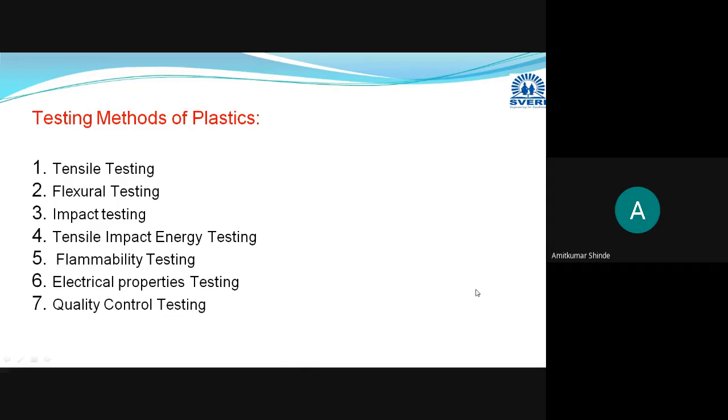Only a few important tests are there, like tensile testing to determine the tensile strength, then the flexural test, then impact testing, then tensile impact energy testing. Okay, only these top four tests are important, and the remaining ones are not included in your syllabus. I have just mentioned their names. Only the first four tests will be there. I will discuss those four tests one by one during this session.